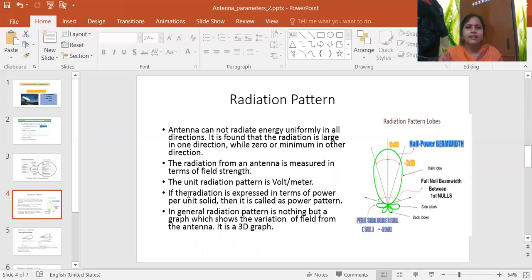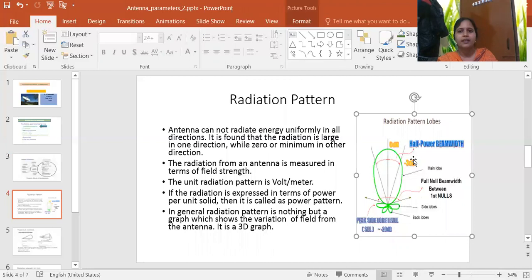If the radiation is expressed in terms of power per unit solid angle, then it is called power pattern. In general, radiation pattern is nothing but a graph which shows the variation of field from the antenna, and it is a 3D graph as shown in this figure.